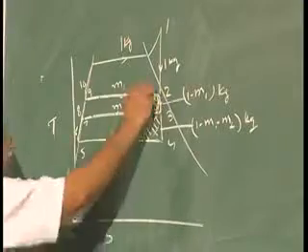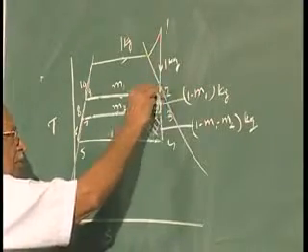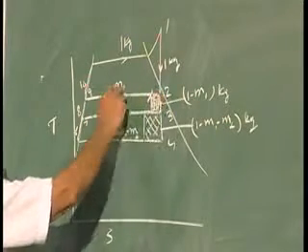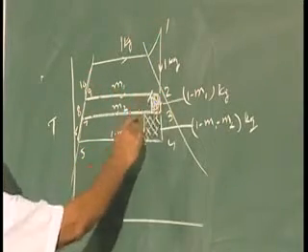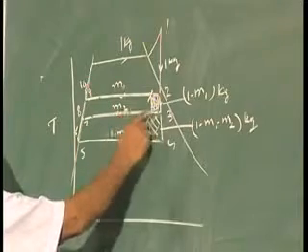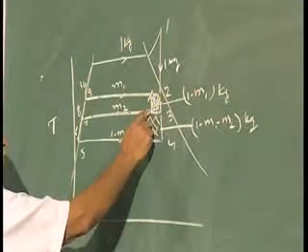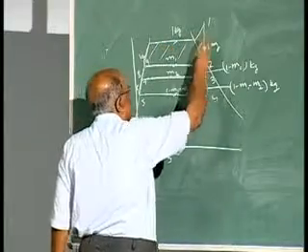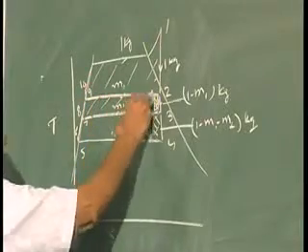So, this line has to be reduced in the ratio of 1 by M1, and this one is to be reduced by the ratio 1 by M2, so that this is the net work done per kg of steam in the regenerative cycle.